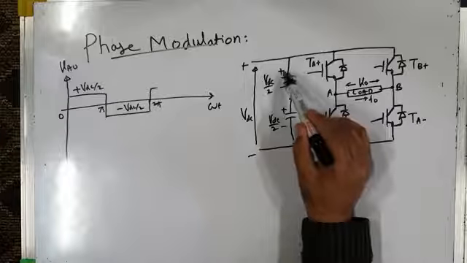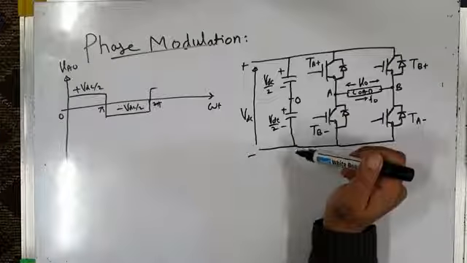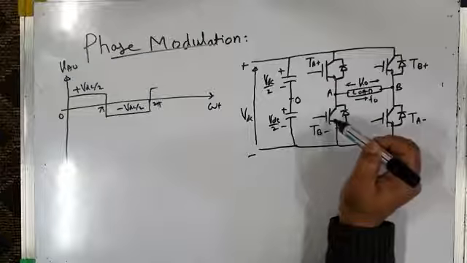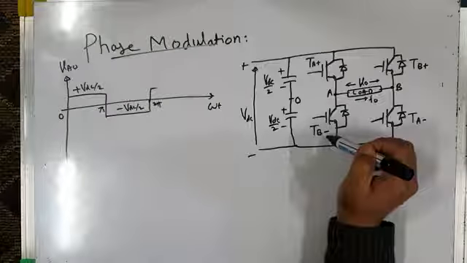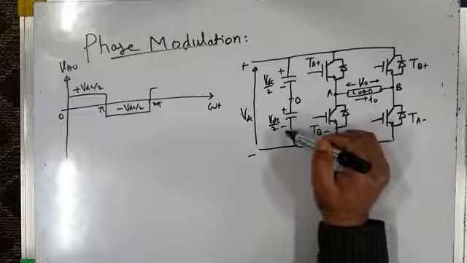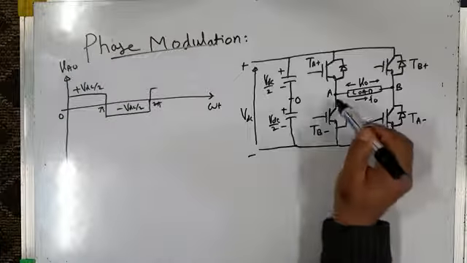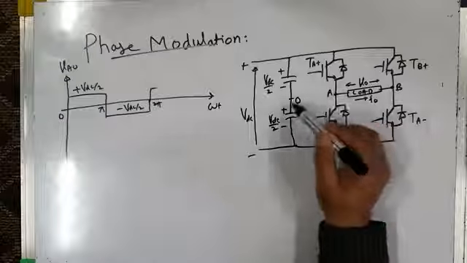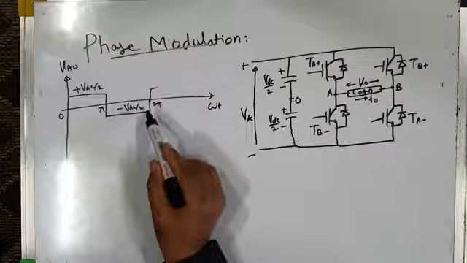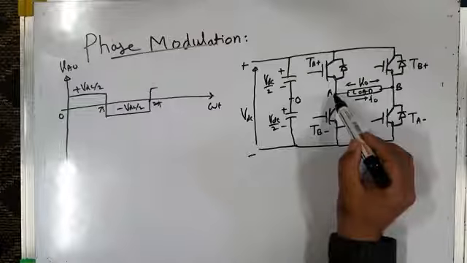So pole voltage VAO is plus VDC by 2. And when the bottom switch TB minus is turned on, then A gets connected to the negative terminal, or negative DC bus. So VAO in that case is minus VDC by 2. That is about pole voltage VAO.